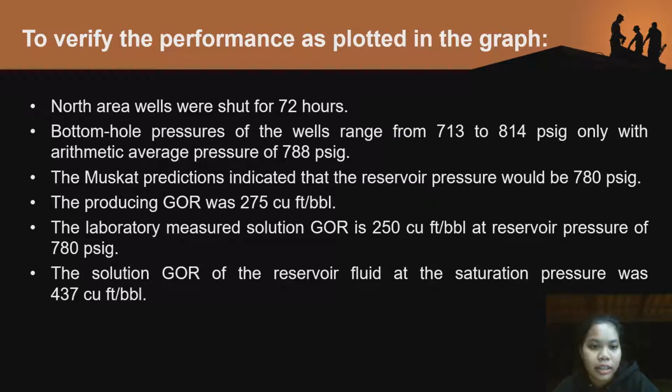The producing GOR was 750 cubic feet per barrel, while the laboratory measured solution GOR is 250 cubic feet per barrel at a reservoir pressure of 780 psig. The solution GOR of the reservoir fluid at the saturation pressure was 437 cubic feet per barrel. This shows that the data obtained are more or less in line with the predictions, the revised material balance calculation and Hall's correlation.